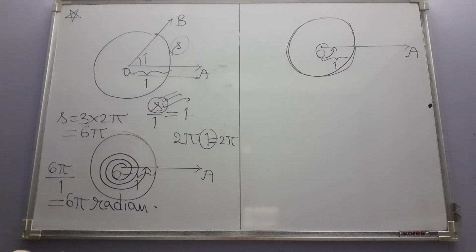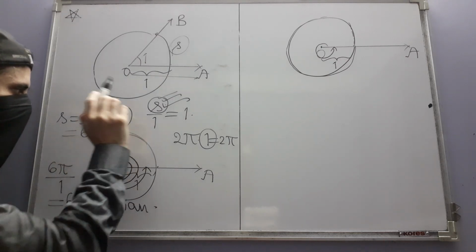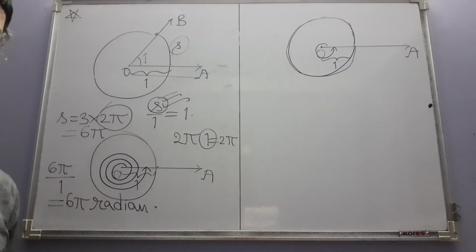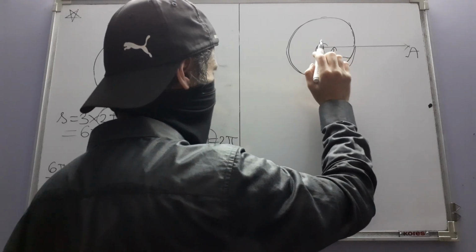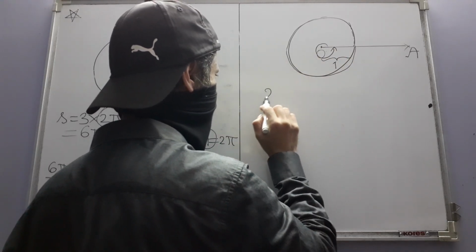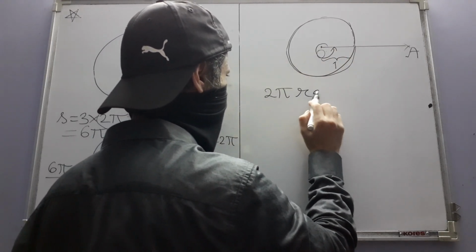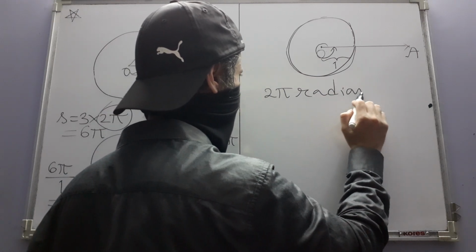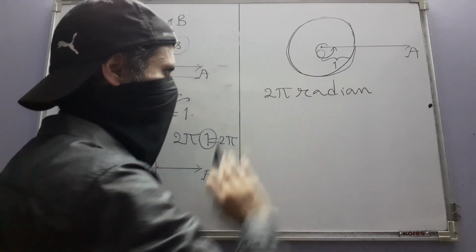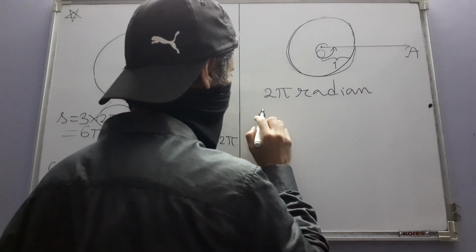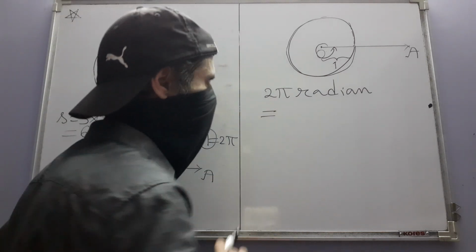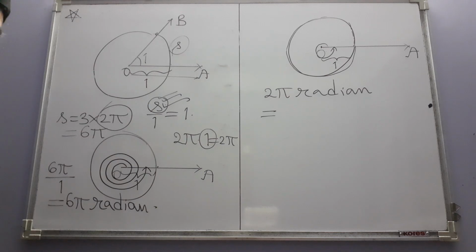In doing so, it traverses an arc length 2 pi, because that's the circumference of the circle. So the angular measure of this rotation in radian is 2 pi radian. Sometimes we write RAD, simply RAD. But that same rotation in degree measure is 360.